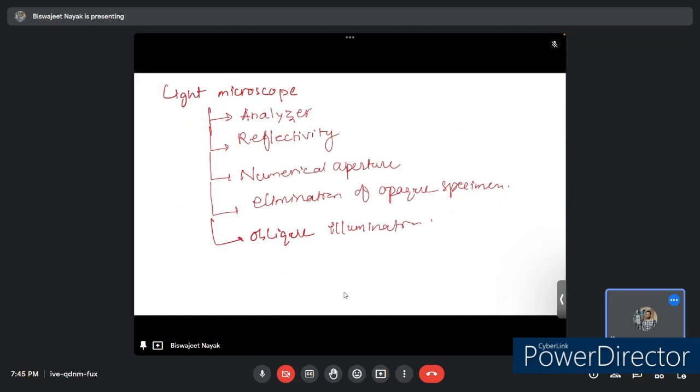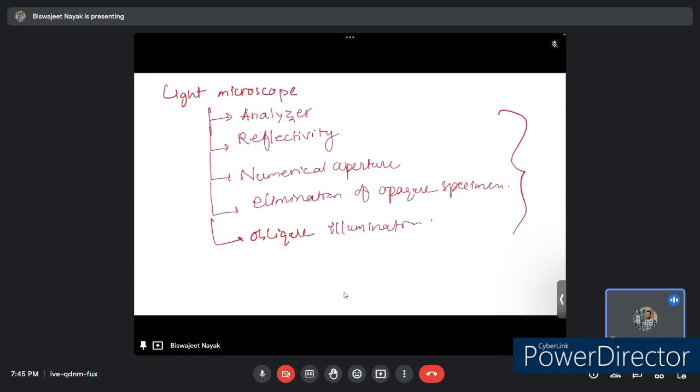These are some important parameters one needs to look at while considering this light microscope. Then after that, bright field imaging and dark field imaging are done in this light microscope, which I will discuss in further slides.